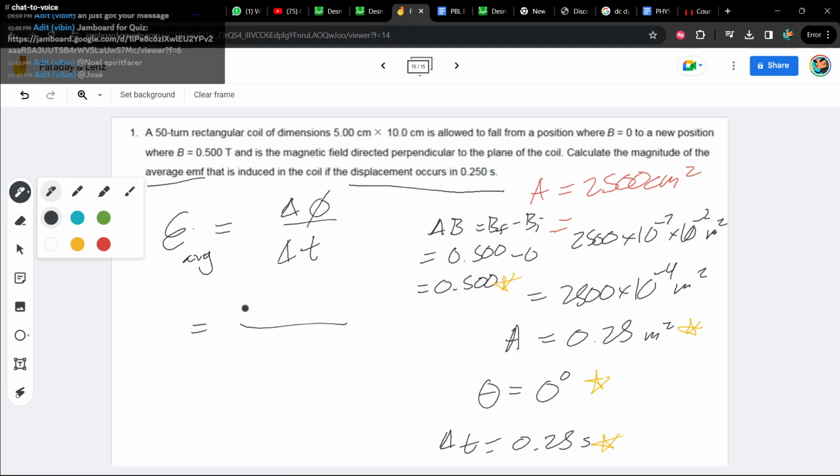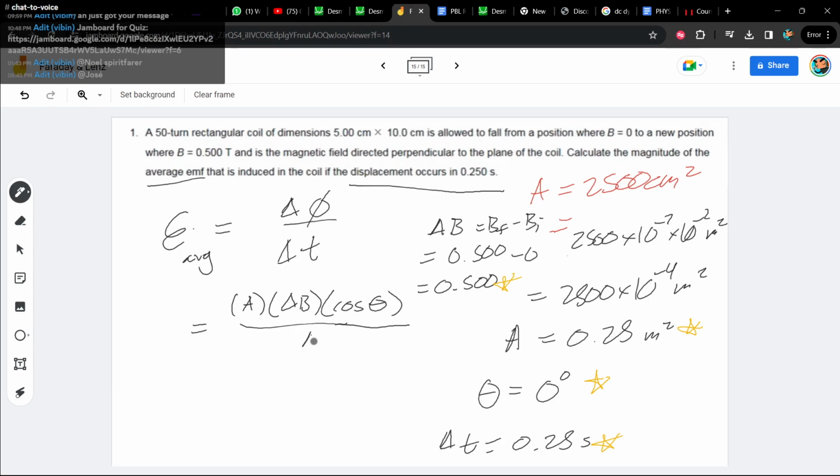So delta phi would be equal to, because everything else is constant other than B, A times delta B times cos theta, which is of course one, and then we have delta t.